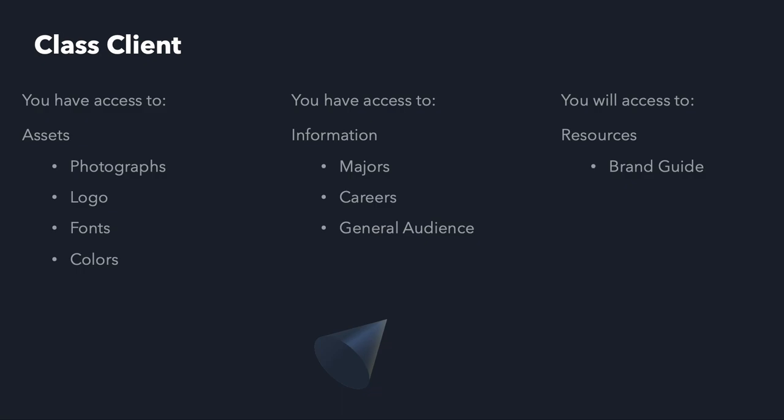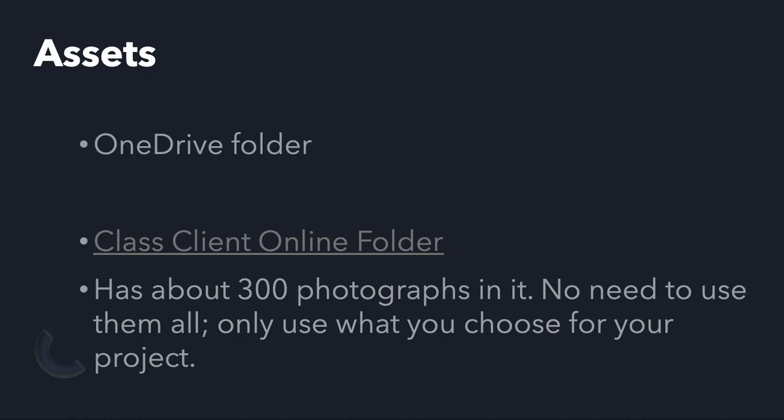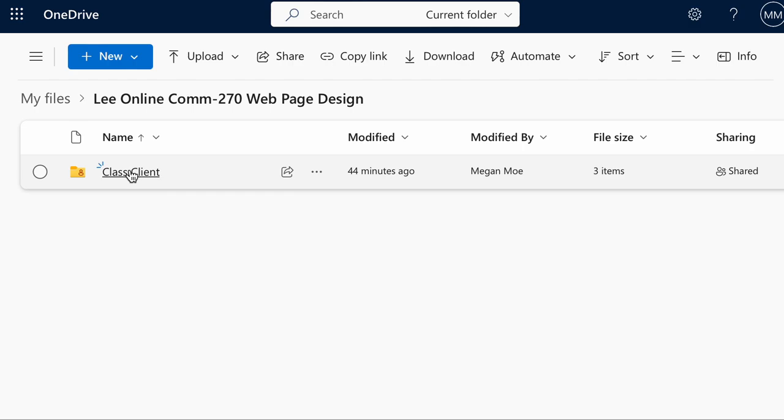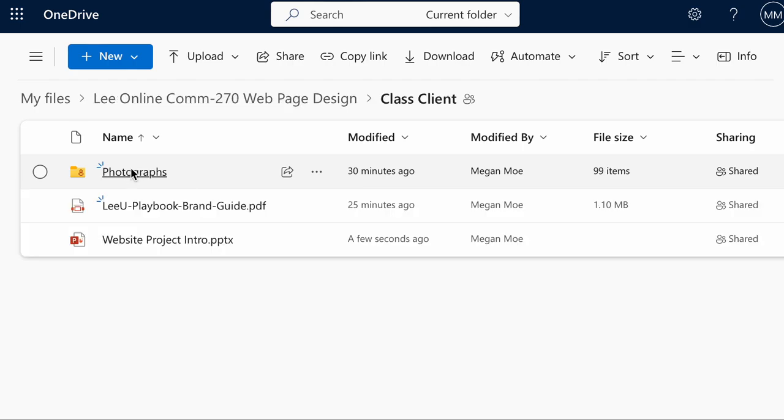So if you chose the client for this class, you would have access to a OneDrive folder. And in this case, for the communication arts, it would be, let me bring this up here. So I have this folder, class client, and if I click on this, you'll see I have photographs here.